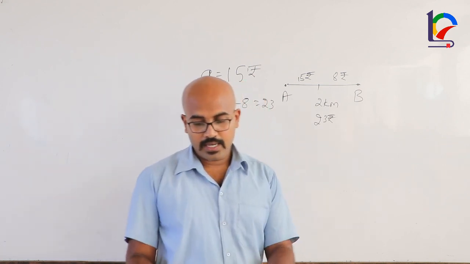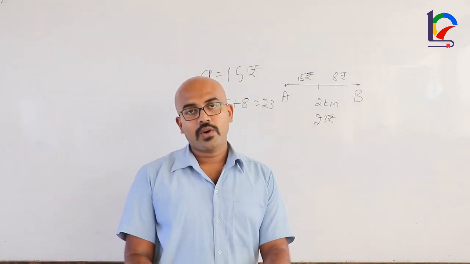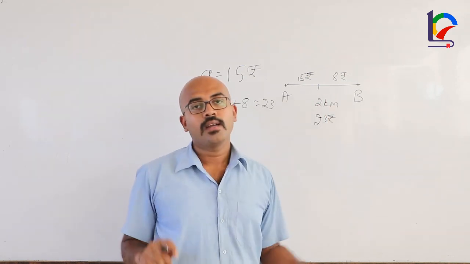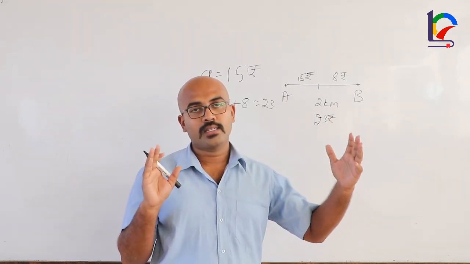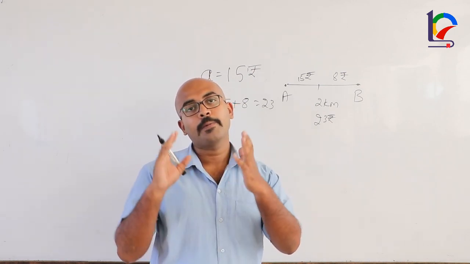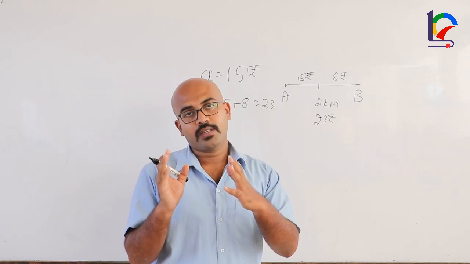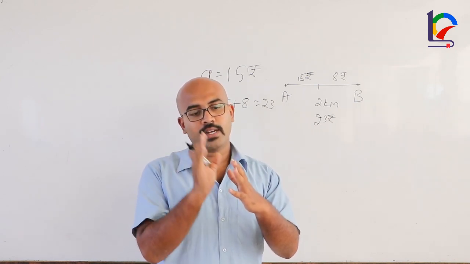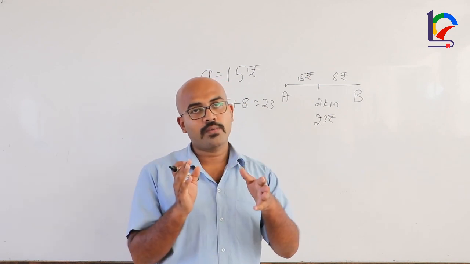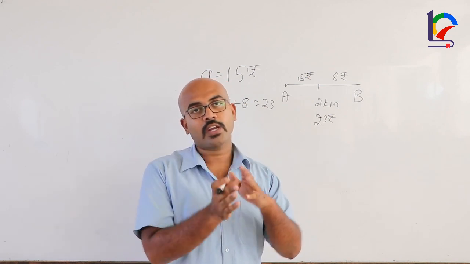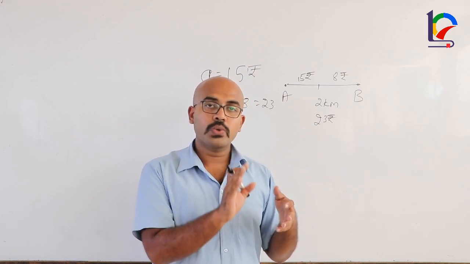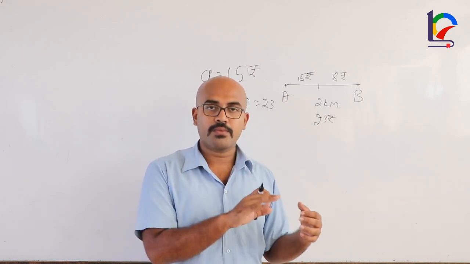Similarly, if A and B are at a distance of 3 kilometers, from 0 to the first kilometer you will be paying 15 rupees. From 1 kilometer to 2 kilometers you will be paying 8 rupees. From 2 to 3 you will again be paying 8 rupees.